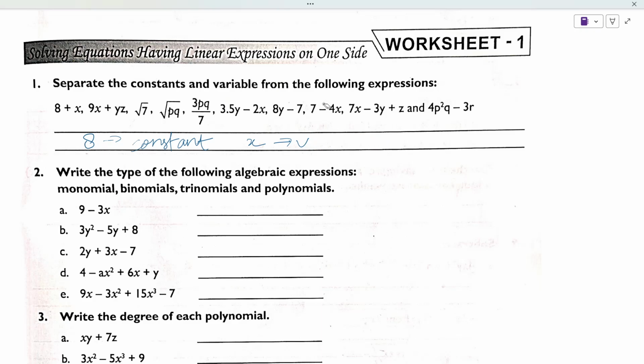If we see the next part, then it says 9x plus yz.